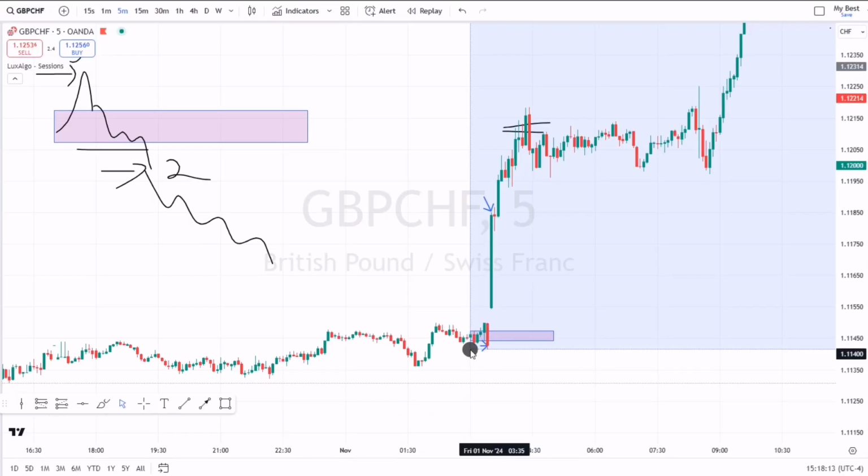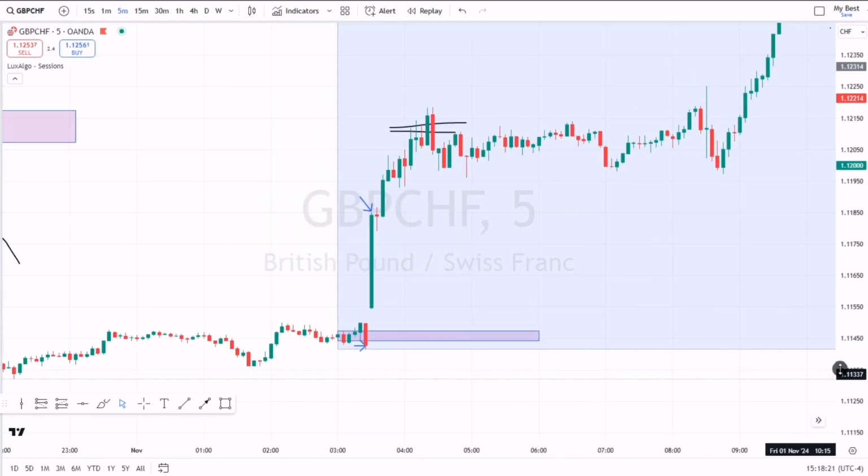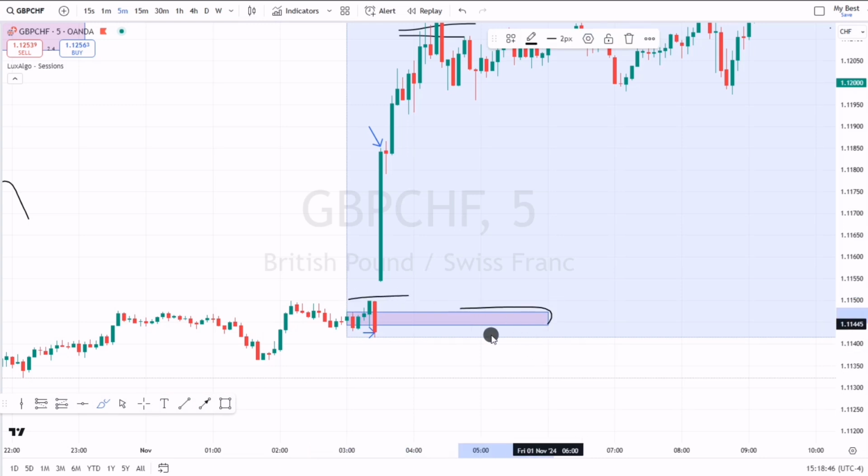You can see right here, this is today. I marked the first candle. Price started by closing below. So right here, you were going to sell, and then immediately after selling, you put your stop loss just above that candle or above this key level that you have drawn with that rectangle.